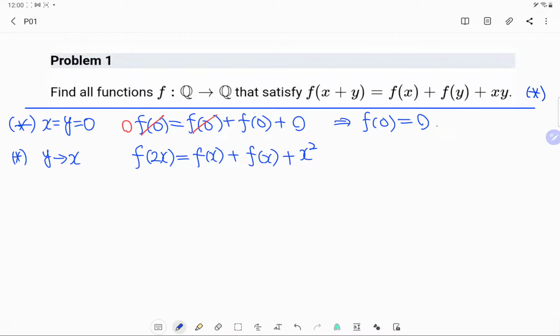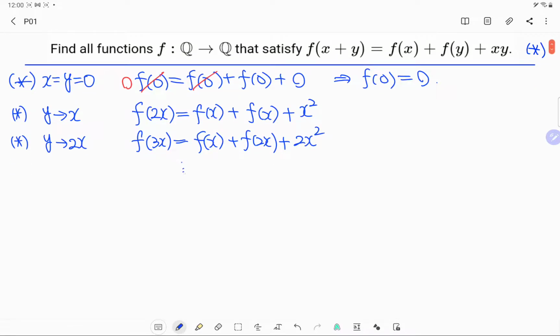So for the next step, still in the original equation, we substitute y into 2 times x. So on the left hand side, we have f of 3x equals f of x plus f of 2x plus x times 2x, which is 2x squared. And then we repeat this procedure up to y is substituted into n minus 1 quantity times x.